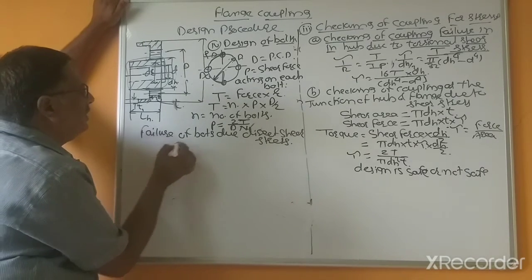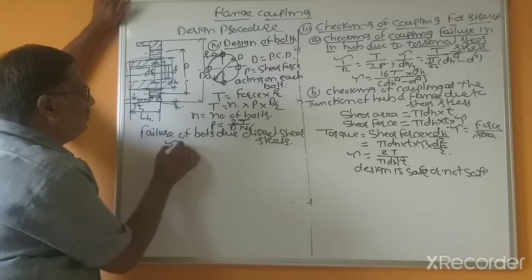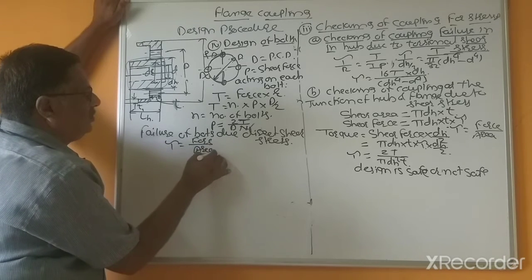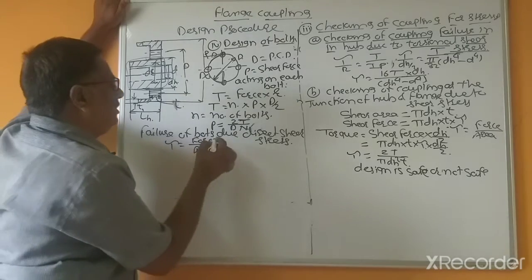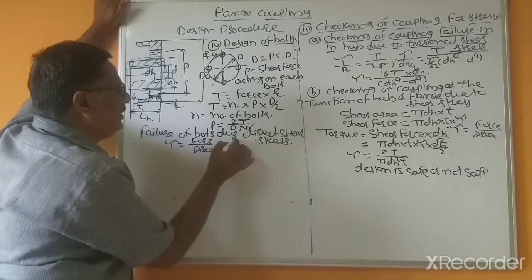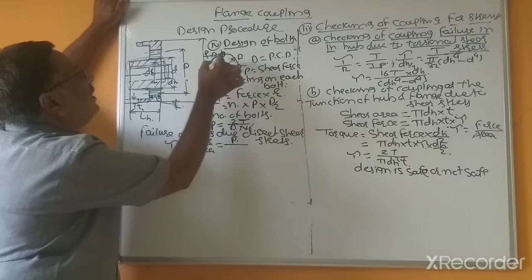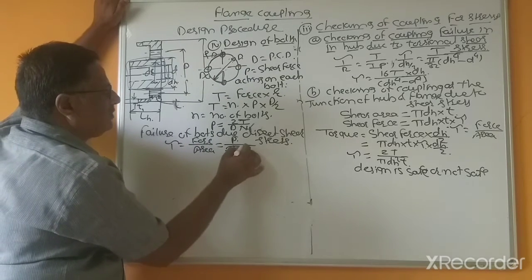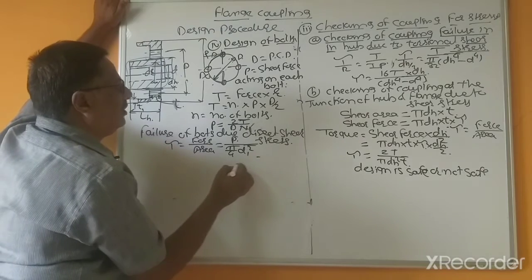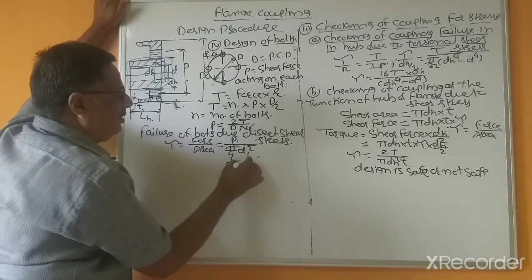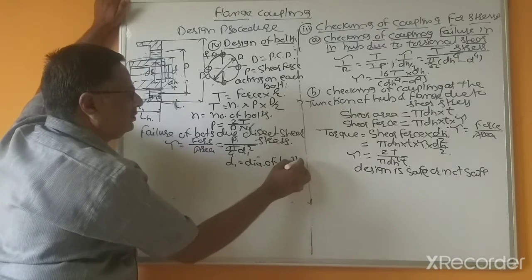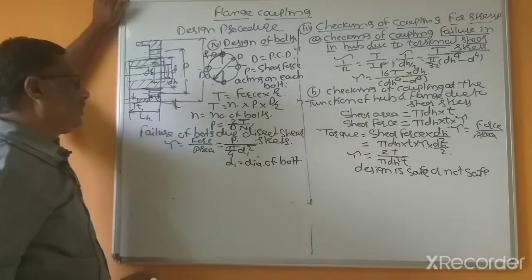So tau equal to force divided by shear area, where force is P, divided by shear area pi by 4 into d1 squared, where d1 is the diameter of the bolt, right?